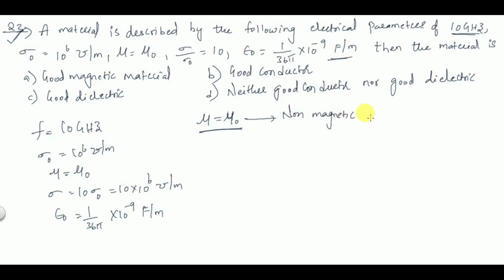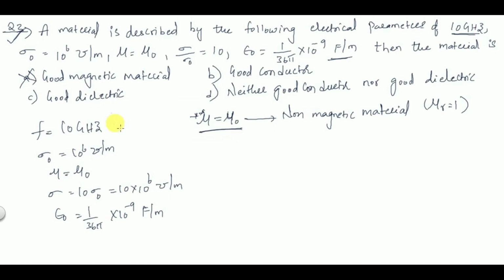So remember this point: when mu r is equal to 1, it is a non-magnetic material. For all other materials, you will have some value for mu r other than 1. So a good magnetic material is a wrong option. It is not at all a magnetic material.